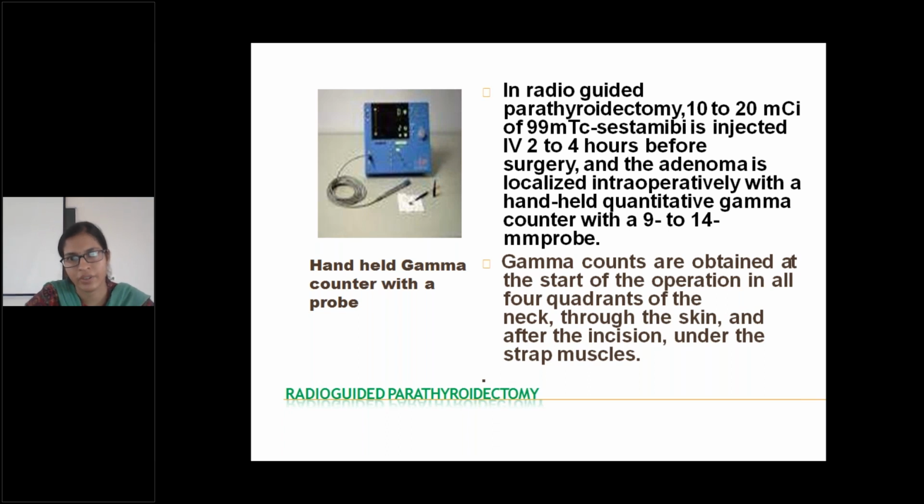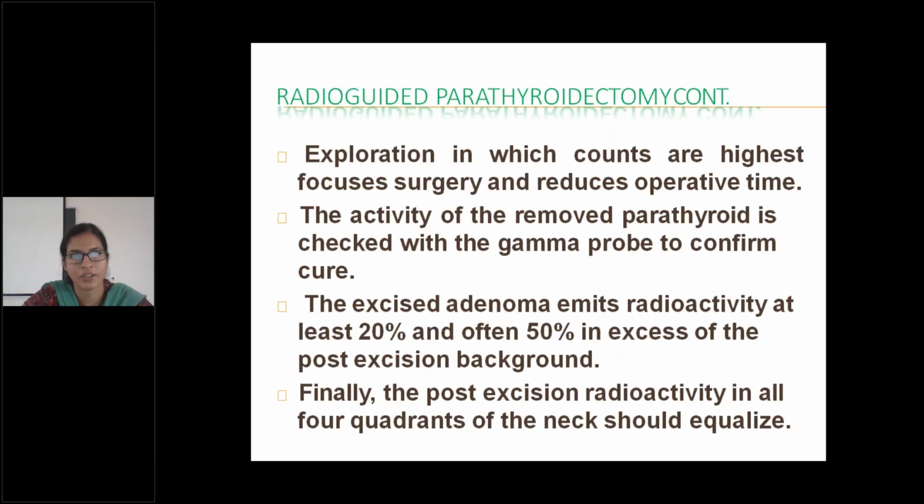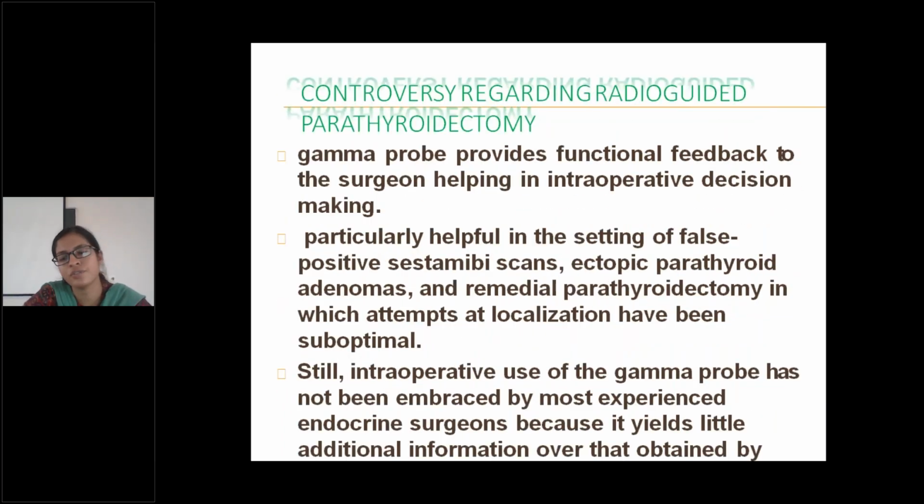Then with the handheld gamma probe, we detect the gamma rays and identify the gland. These are the intraoperative methods, used when we cannot identify the hyperplastic gland or adenoma preoperatively.